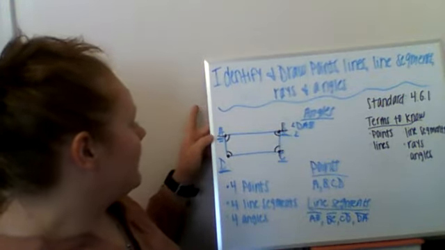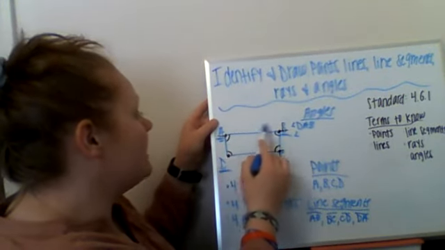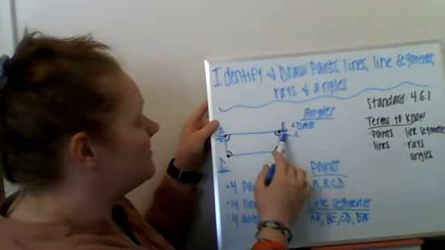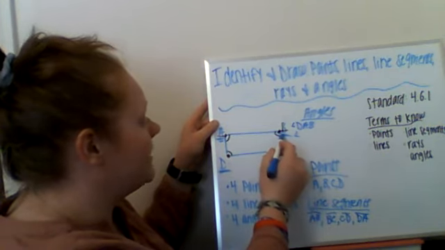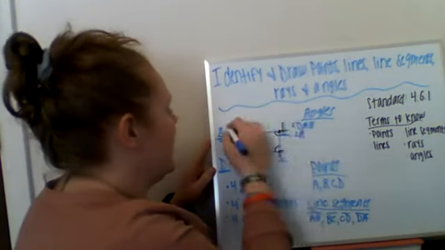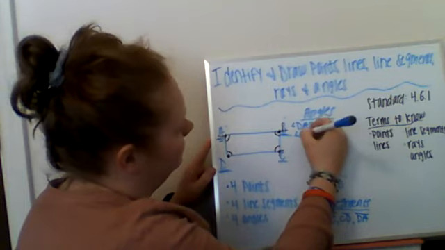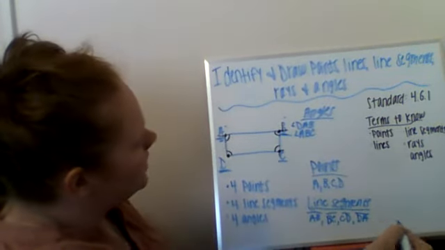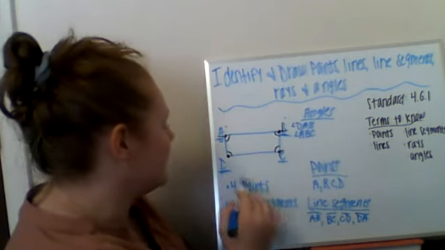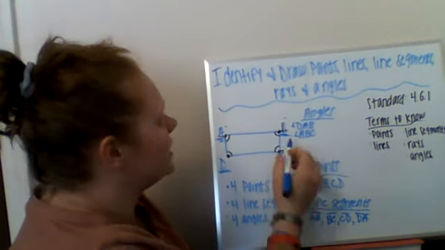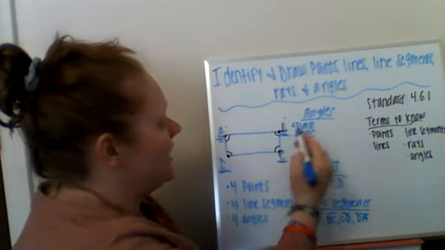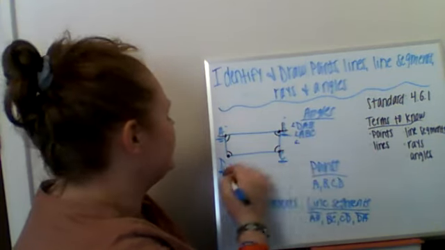Then the next angle we looked at was rays AB and BC. Ray AB and ray BC share the same endpoint of B, so B is going to be in the middle. So this angle is ABC. Then the next one we looked at was rays BC and CD, and these share the endpoint C. So this angle is BCD.